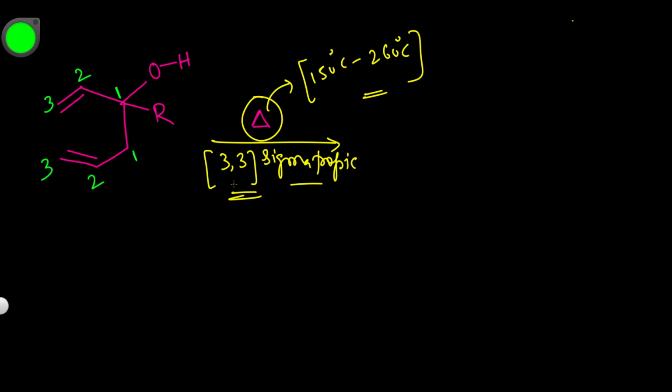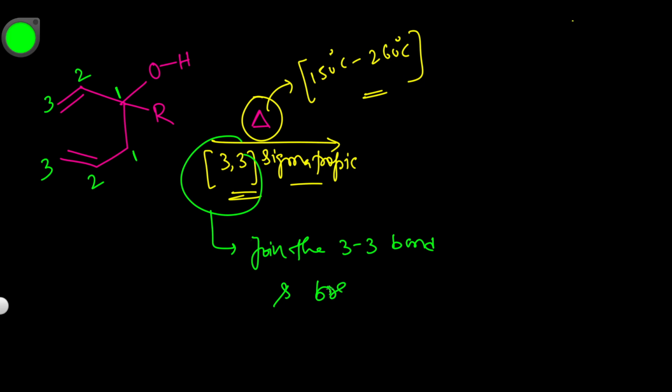Now I have told you again and again, 3-3 sigmatropic means you have to join the 3-3 bond and break the 1-1 bond simultaneously.